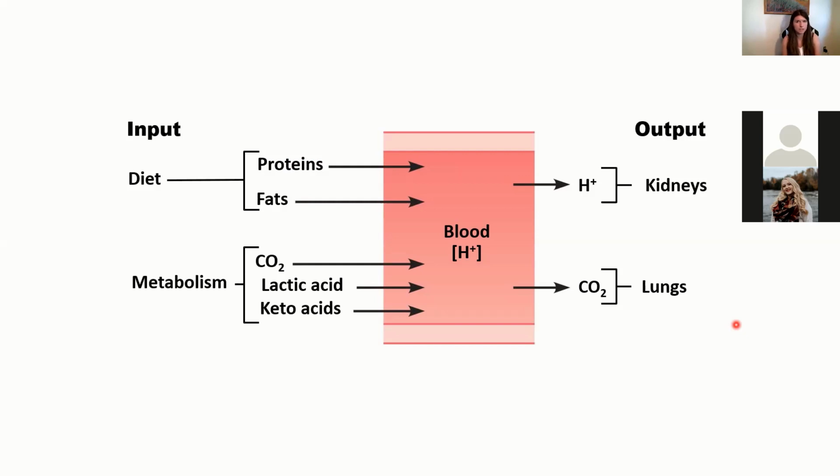So we talked on Monday about carbon dioxide and how carbon dioxide is really a biological acid because it can break down and give us hydrogen ions, essentially. Lactic acid and keto acids are also biological acids that would come from metabolism. So keto acids from the breakdown of proteins and fats, and lactic acid would come from basically exercise, right?